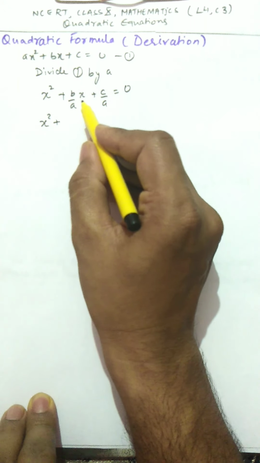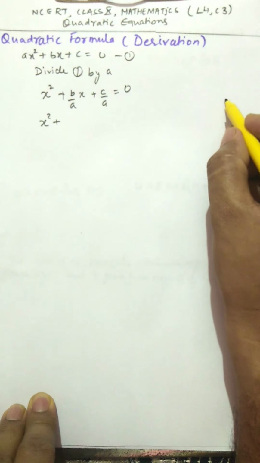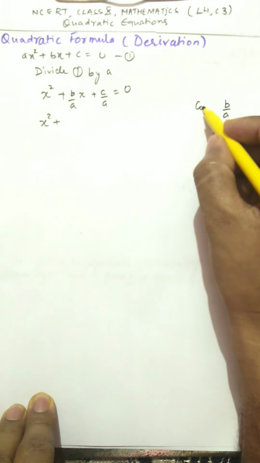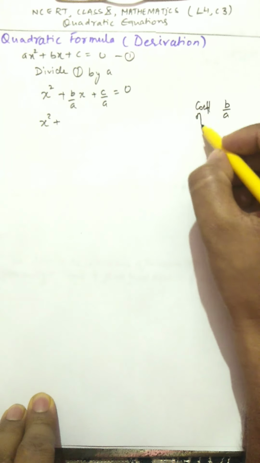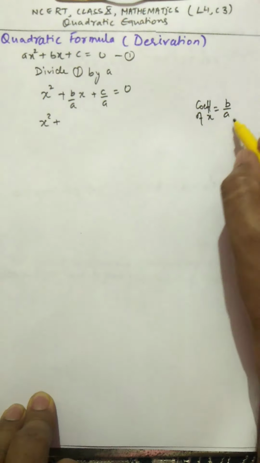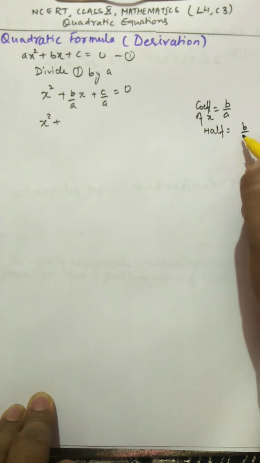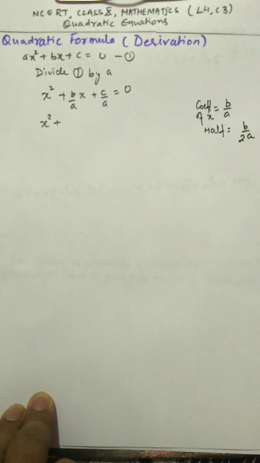This is the coefficient of x, so we do the half of the coefficient of x. So b by a, this is the coefficient of x, so half of that will be b upon 2a.